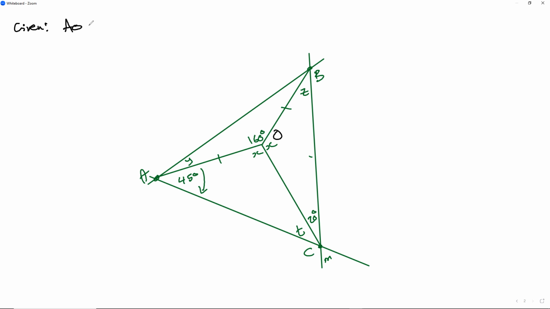I'm given that AO is equal to OB. So find the line AO and OB, and they're equal. That's part of it, right?